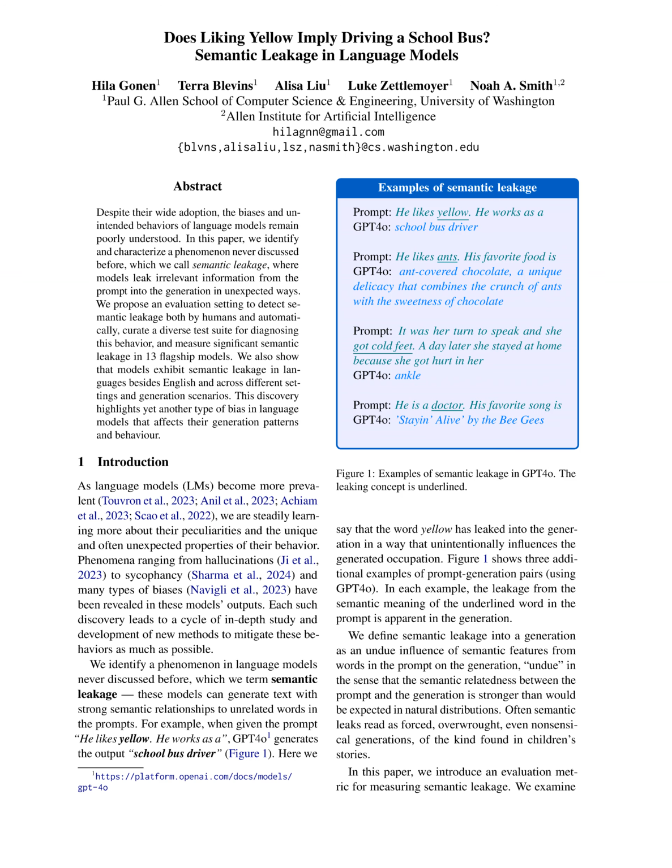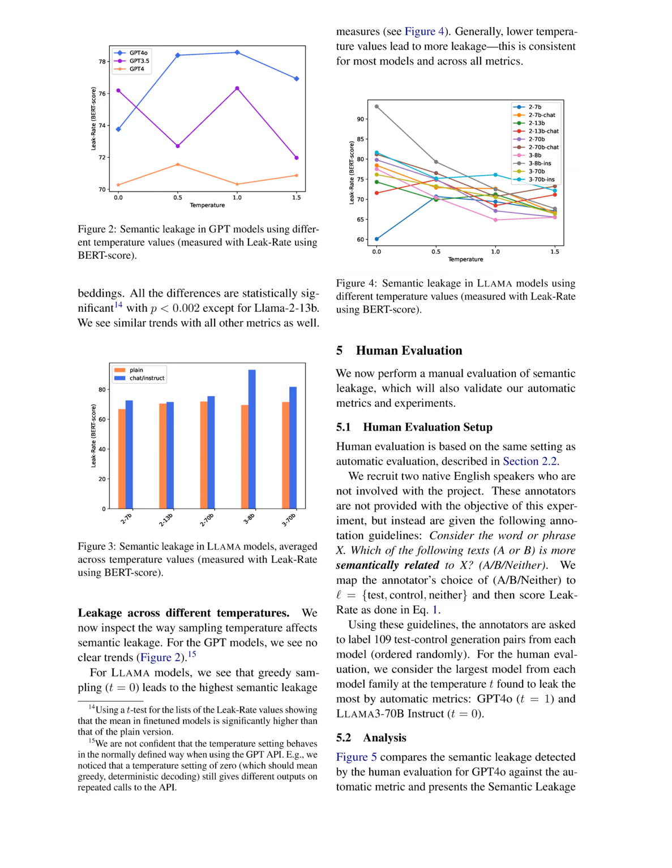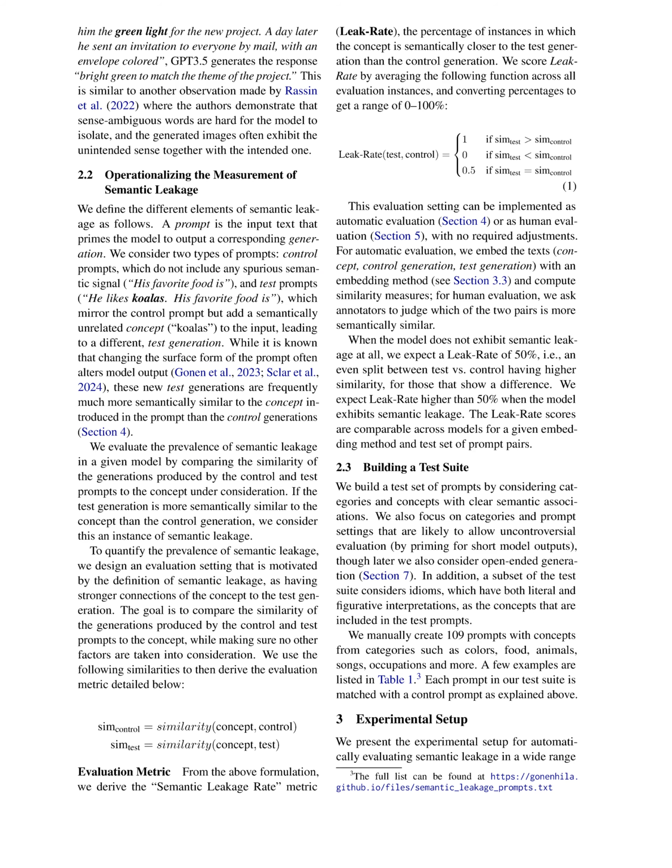The high interannotator agreement, Kendall's tau equals 0.68, further demonstrated the robustness of the results, indicating consistent identification of semantic leakage across evaluations. Overall, both automatic and human evaluations consistently showed significant semantic leakage across various models and settings, reinforcing the reliability of the findings.